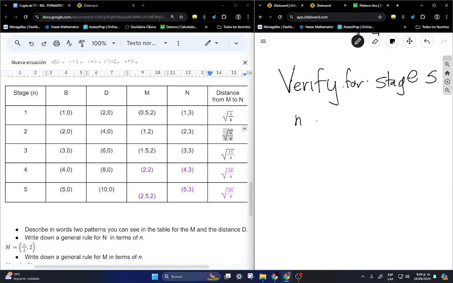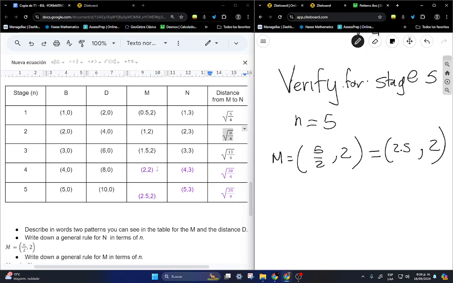Okay, so n should be 5. Let's do it one by one. M. So it's n over 2, comma 2. But n is 5, so it's 5 over 2, comma 2. But 5 over 2 is 2.5. So it's 2.5, comma 2.